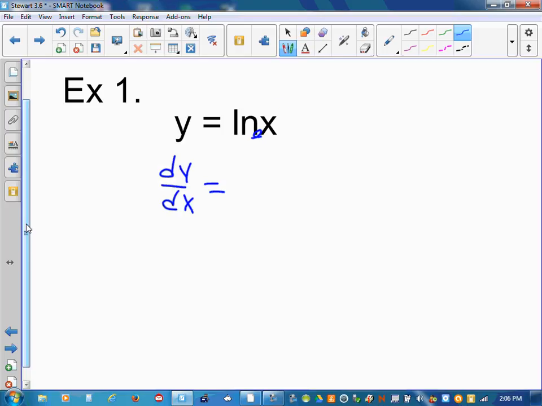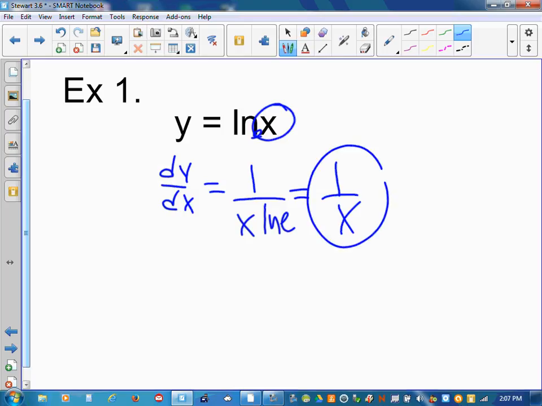We take this thing here, whatever that is, throw it on the bottom of the fraction, and then we have natural log of the base. Natural log of the base would be natural log of e, but we know that the natural log of e is 1. So the derivative of natural log x is just 1 over x. So that's another rule that we just gained.